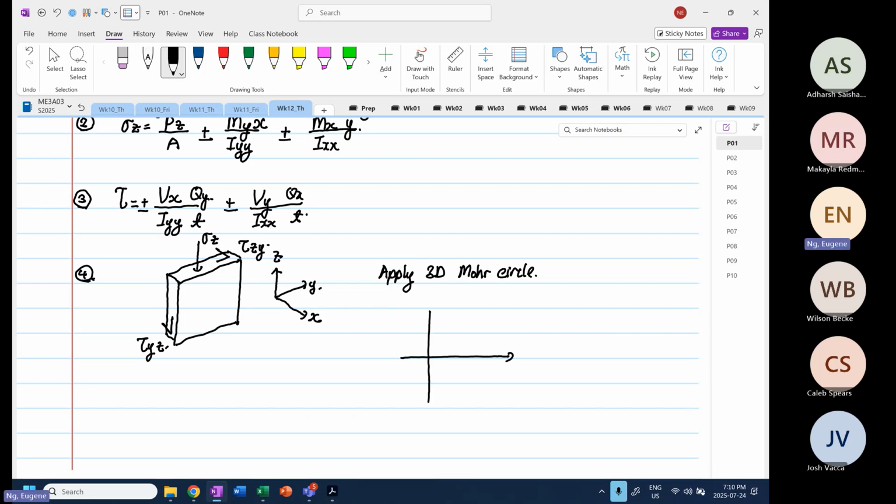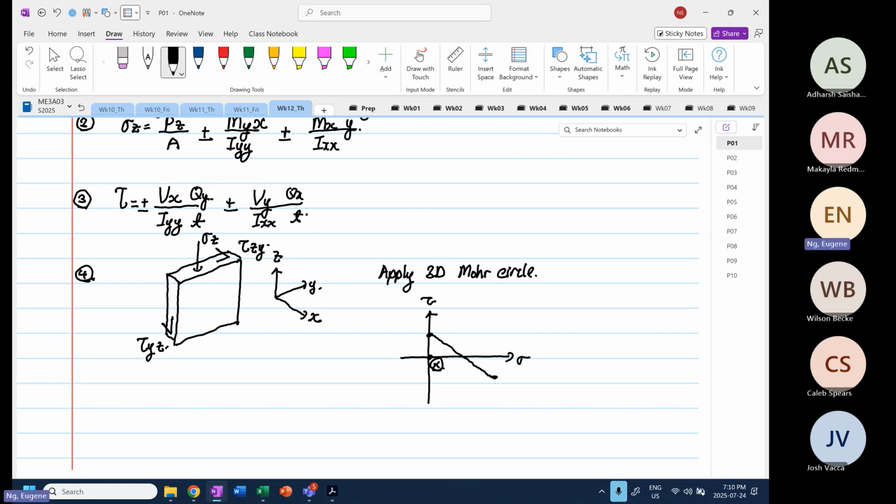we understand this is just a part of the knowledge you have to know to solve a problem like this, okay? So you have normal stress, you have shearing stress, okay? We are very sure that point X is here. And then I'm just going to sketch over here.